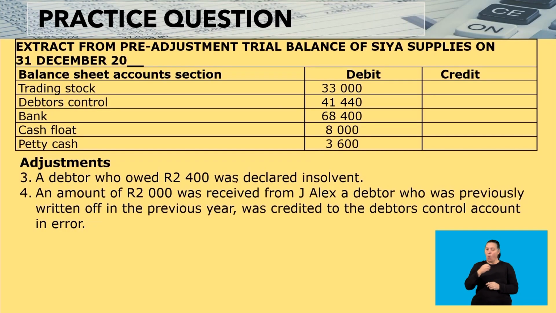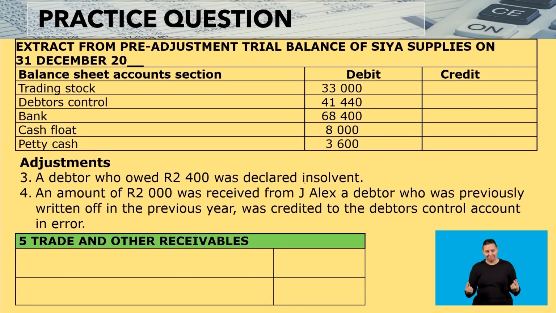Having completed adjustments 1 and 2, we now move on to adjustment number 3, and it reads, a debtor who owed 2,400 was declared insolvent. This simply means this debtor is no longer in a position to pay their account. Therefore, we will subtract that amount from our debtors' amounts. So I'll say debtors' control, and from the list of debtors, I have 41,440.